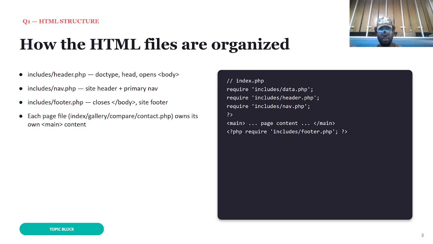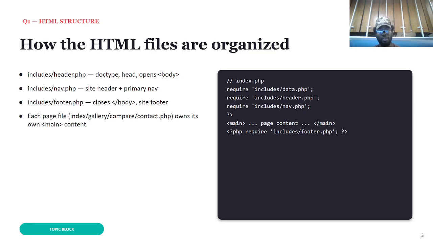The footer.php closes the body tag and prints the site footer. The unique part of each page, which is the actual content section, lives inside a main element in the page file itself between the nav include and the footer include. So structure and navigation are centralized in includes, and content sections are the only thing that changes per page.